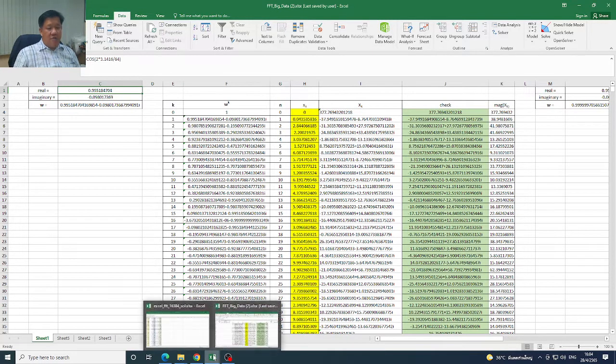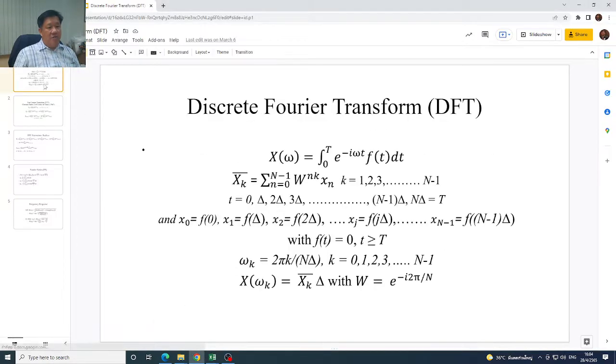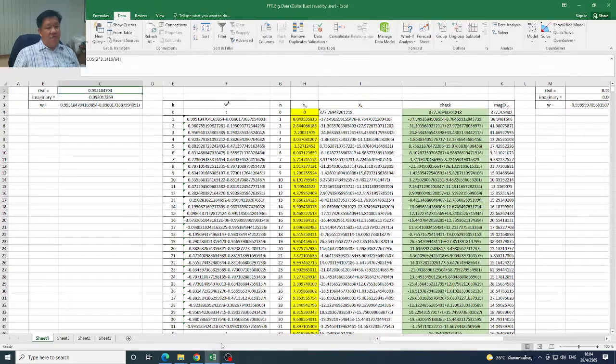Because we go back to the original notation: w is e to the minus i times 2 pi divided by n, which is in polar form, and you know that this polar form can be expressed as cos of 2 pi divided by n minus i times sine of 2 pi divided by n. So this is the definition of w. That's why we are doing this.